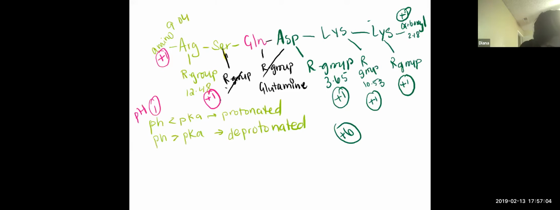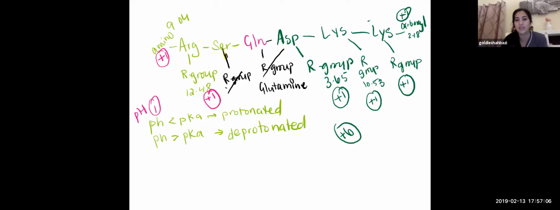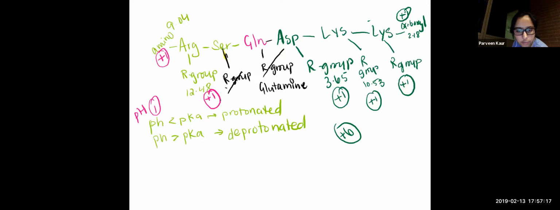It is 4. But doesn't that carboxyl, it's positive, but then doesn't it cancel with the negative? Because even for the R group, it's 10.53, which makes it positive.